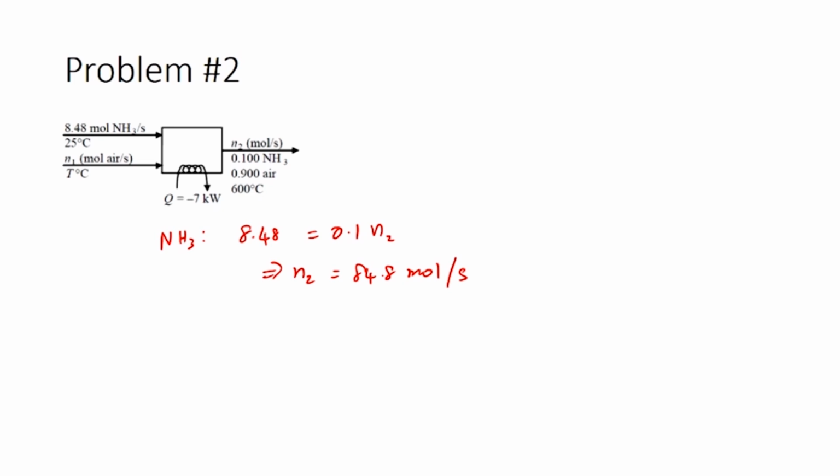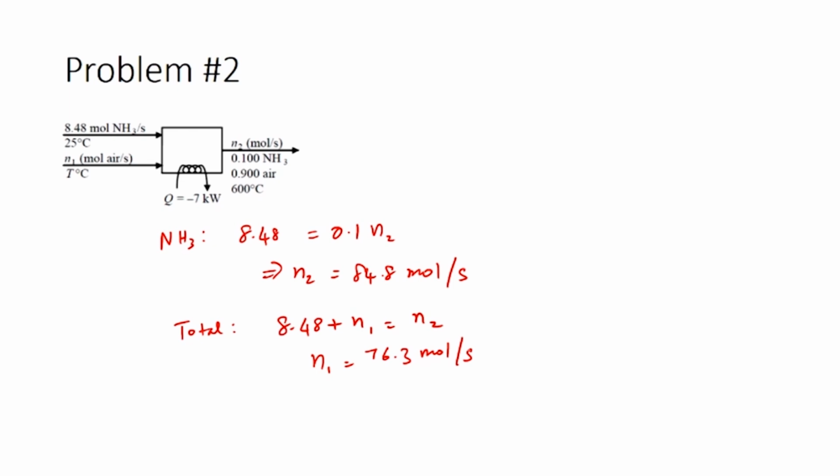Now that we have N2, we can write an air balance or a total balance and get N1. So, total balance is basically 8.48 plus N1 equals N2. We already know N2, so we can calculate N1 as 76.3 moles per second.